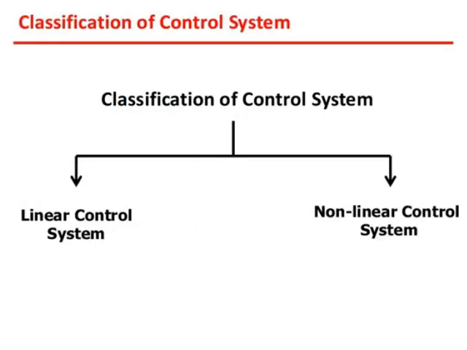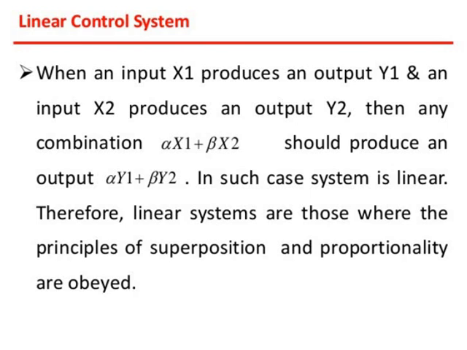Now, classification of control system. There are two main types of control system: first, linear control system, and second, non-linear control system. So what is a linear control system?